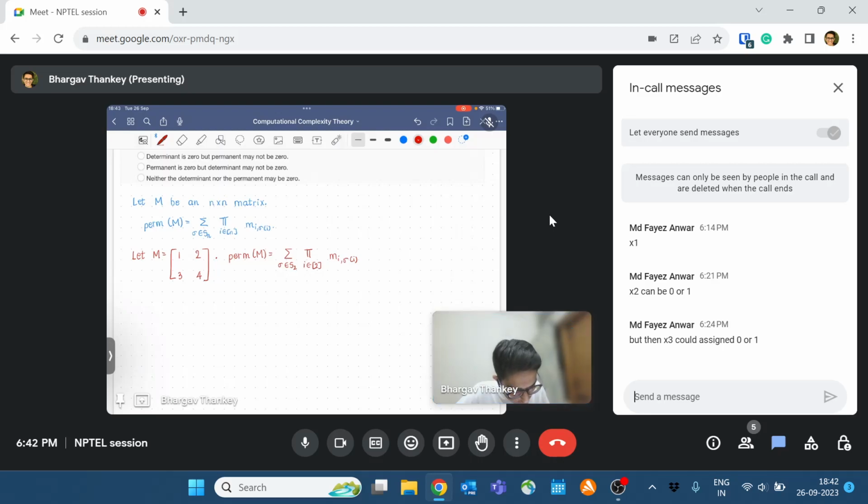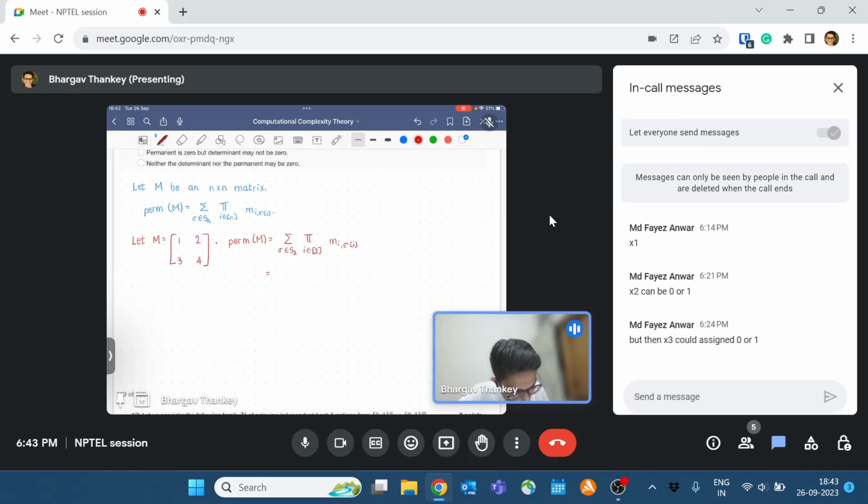Factorial two, so there are just two permutations: one maps to one and two maps to two, and one maps to two and two maps to one. So it's M 1 comma 1, M 2 comma 2 plus M 1 comma 2, M 2 comma 1.